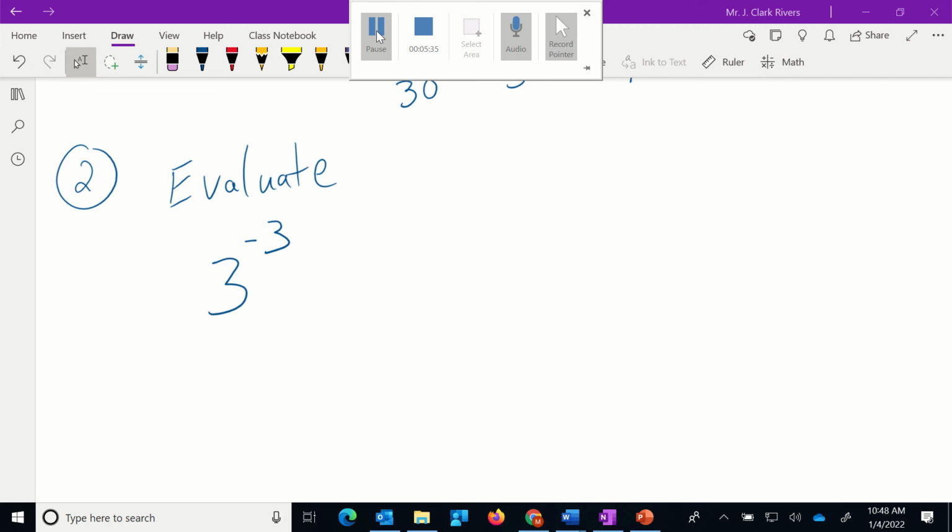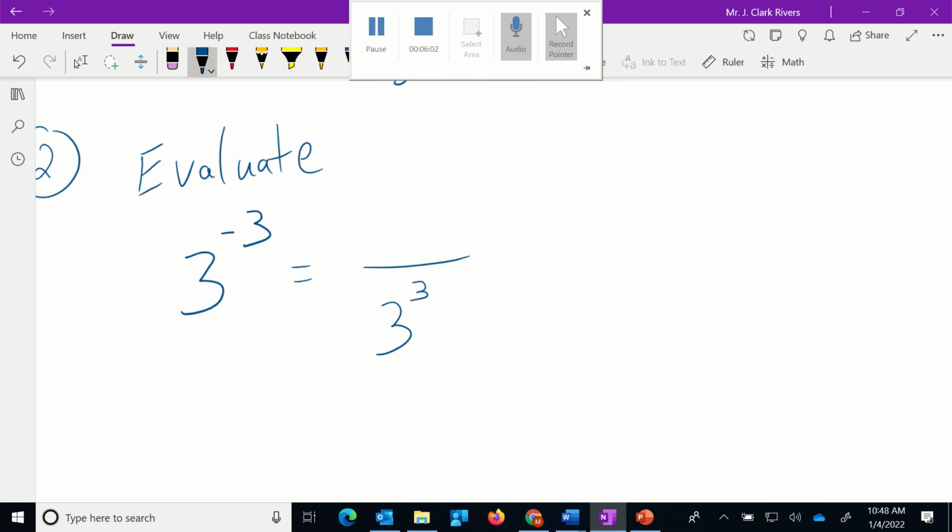Who can tell me what we do when we have a negative exponent? Kendall. You have to move the exponent to the bottom. Yeah, we're going to move this to the other side of the fraction. So we have a negative exponent here. If I take 3 to the power of negative 3 and I move it to the denominator, it becomes 3 to the power of 3.